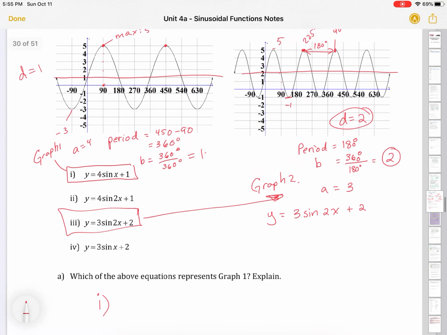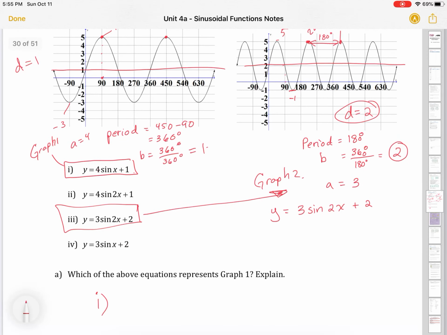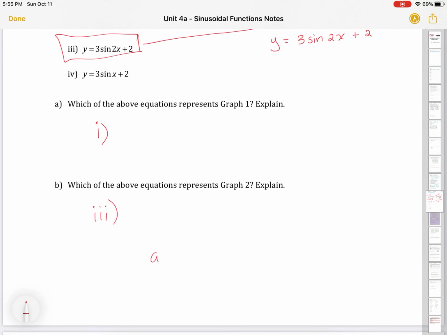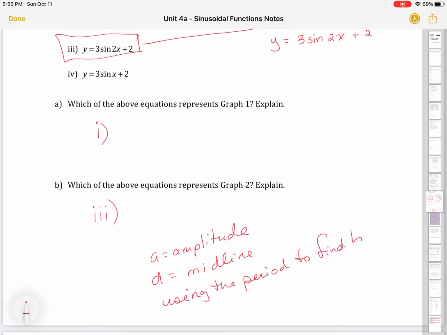And it's just basically you're looking for what you can tell from that graph regarding A, B, C, and D. Remembering things like A equals amplitude, that's the easiest one probably. D equals your midline. And then using the period to find B. Okay, so you can do that kind of work to help yourself through that.